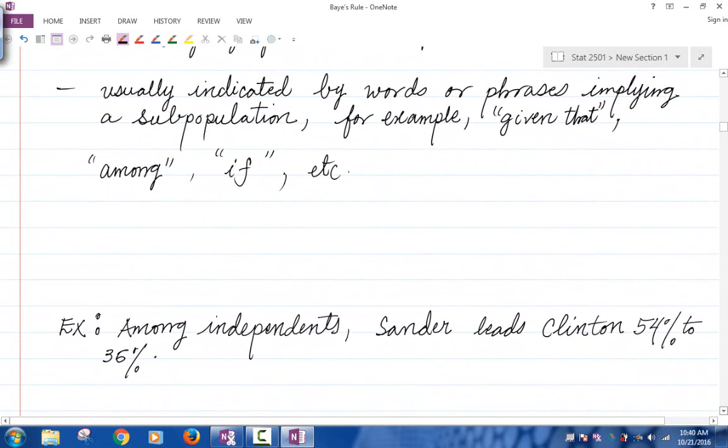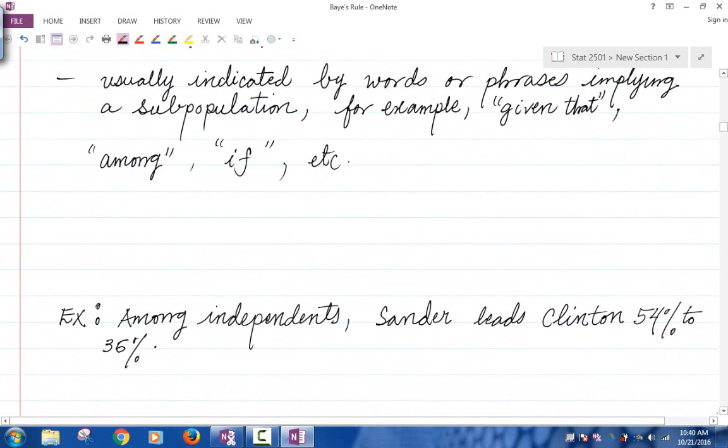So if we say that among independents, Sanders leads Clinton 54% to 36%. Well, these numbers are totally cooked up, so I didn't take any real numbers.